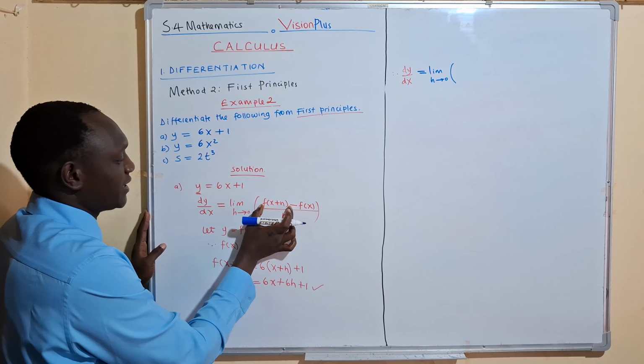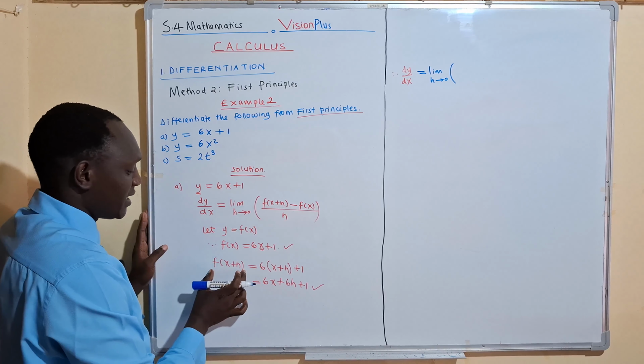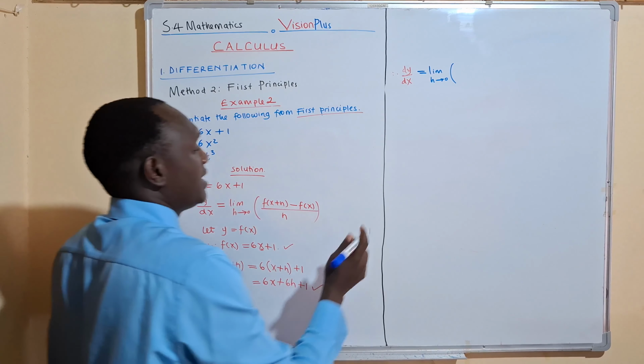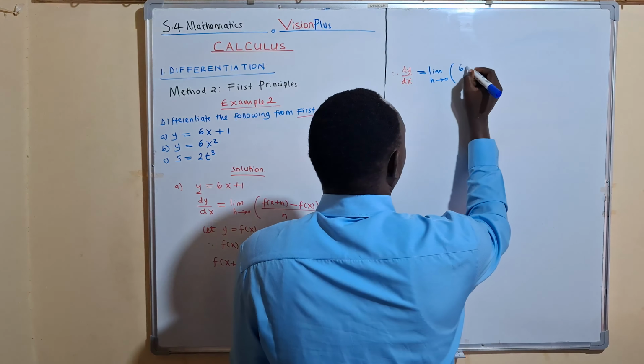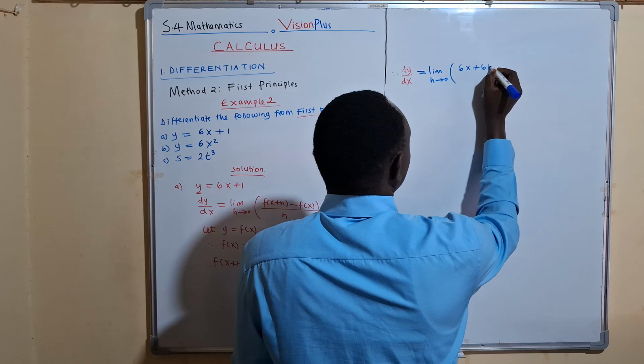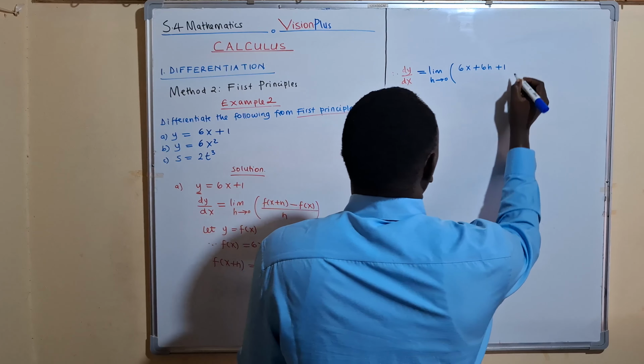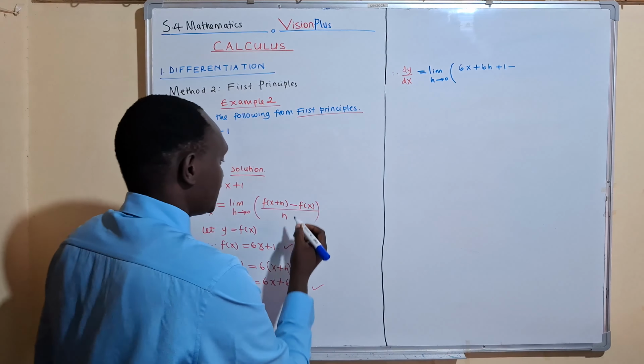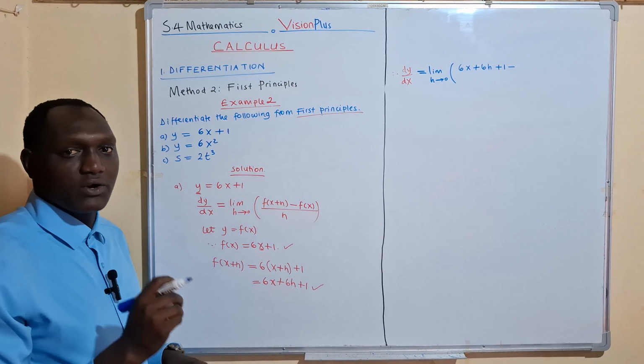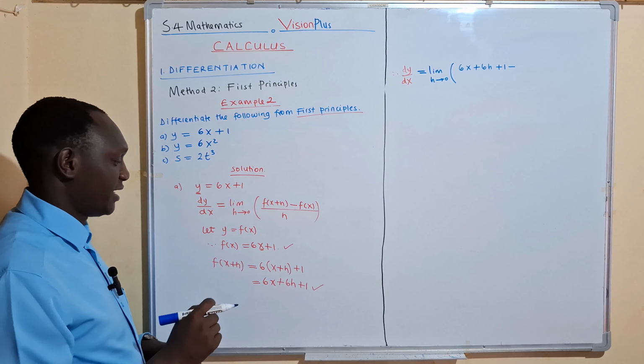What is f of x plus h? F of x plus h is here, which is 6x plus 6h plus 1 minus, the formula says minus, we are going to subtract away f of x.